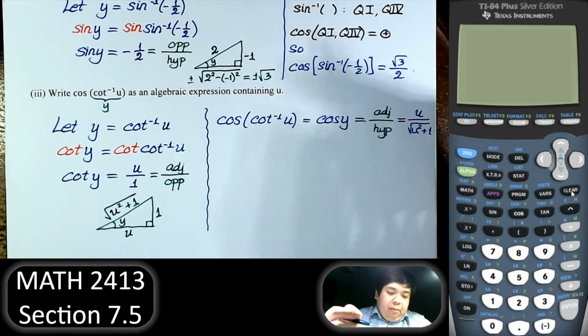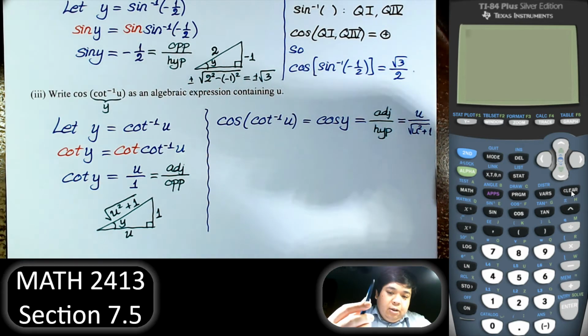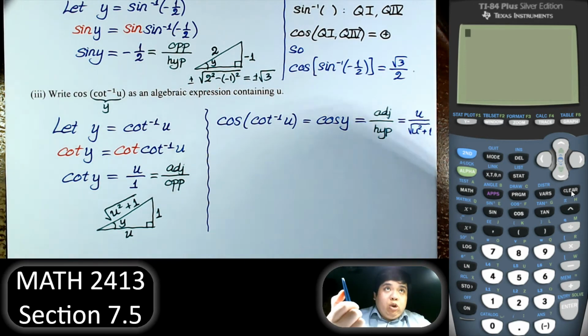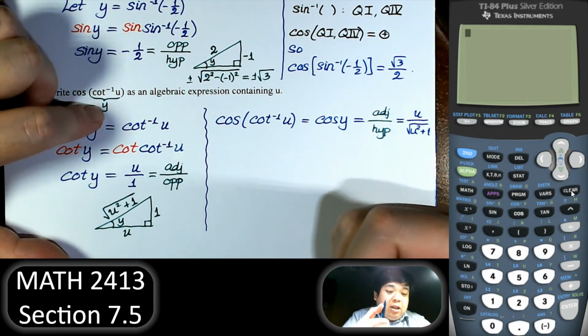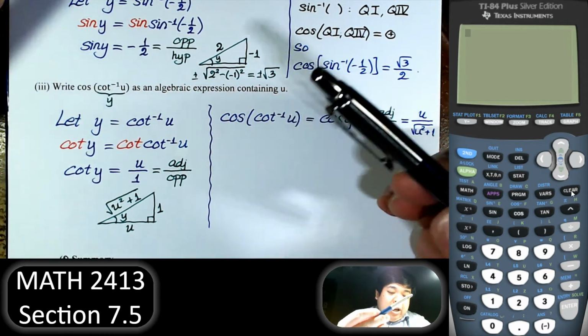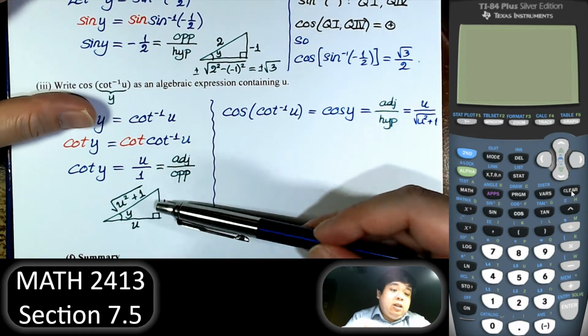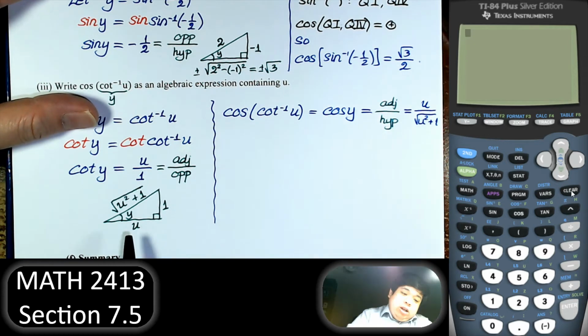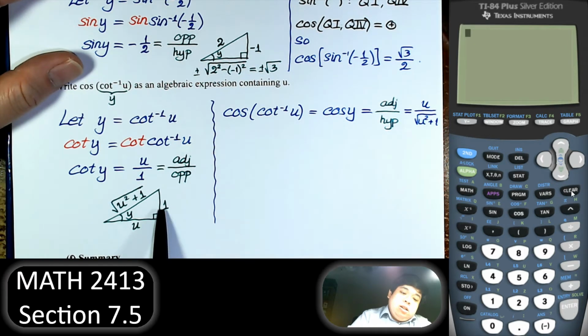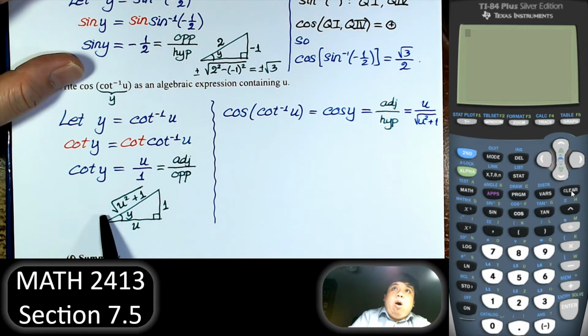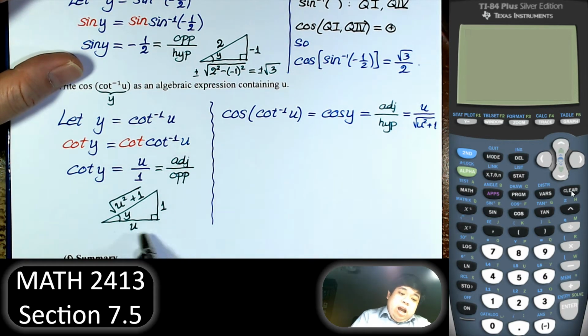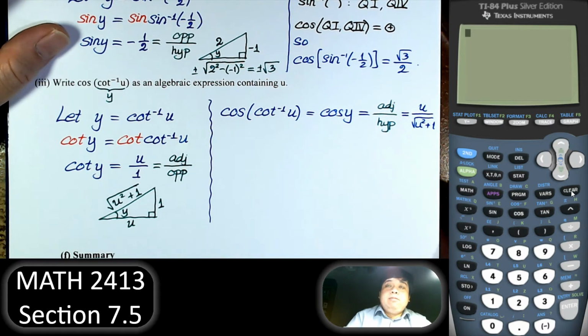So we're able to do something like this. Take the inverse inside, cotangent is adjacent over opposite. Draw the triangle, adjacent over opposite, and then find the hypotenuse. Put everything back: adjacent over hypotenuse. That's what we have.